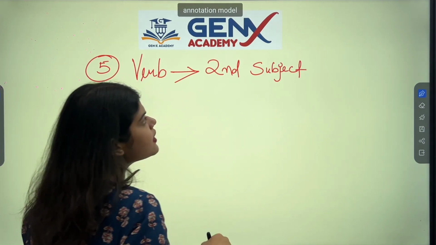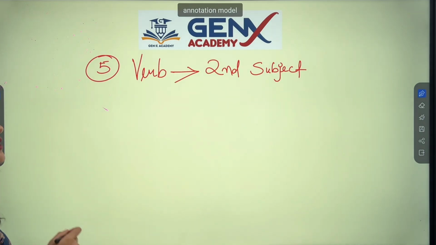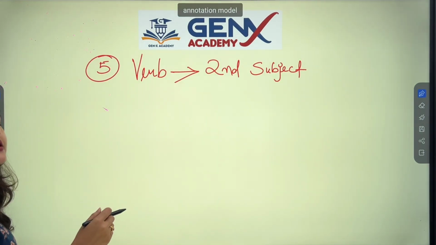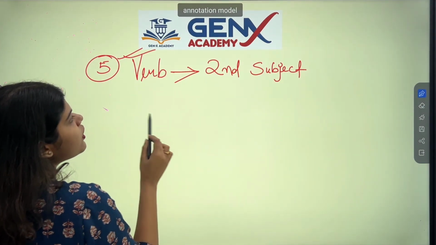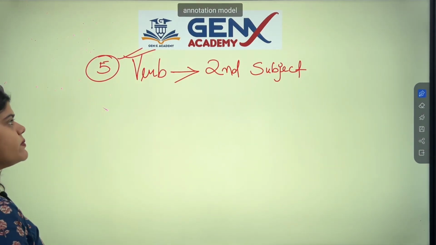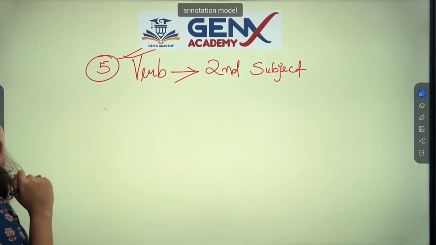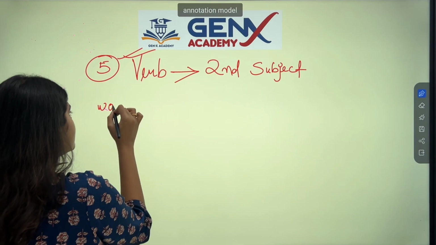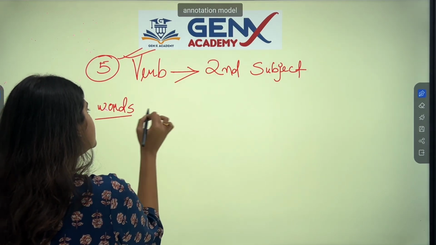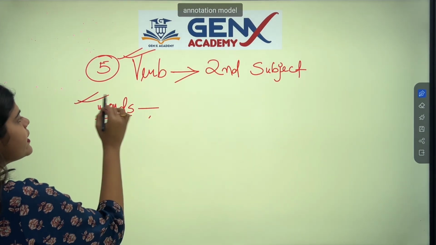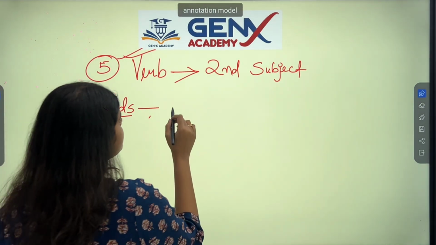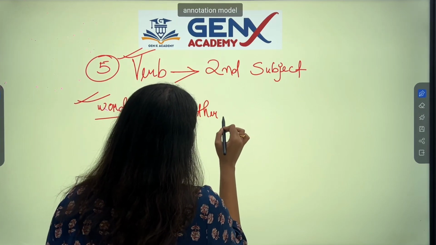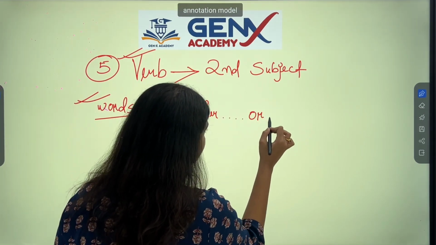Again, in certain cases when there are two subjects in a sentence, with certain words used between the two subjects, the verb will be according to the second subject. So what are the words?